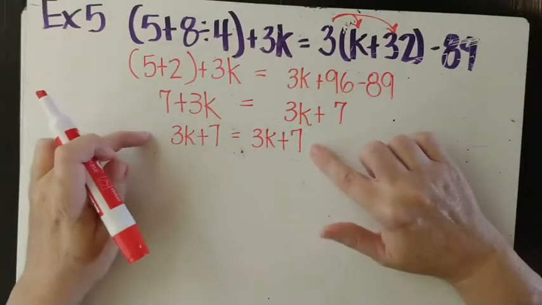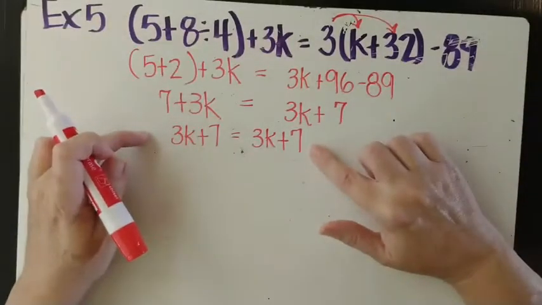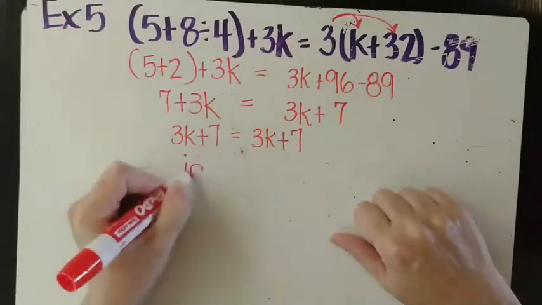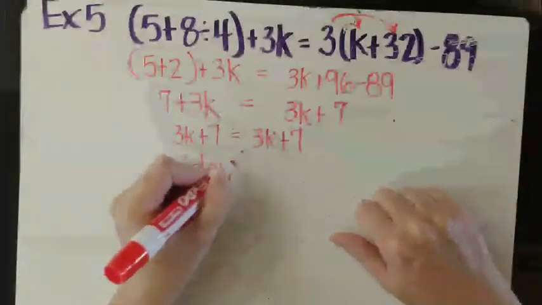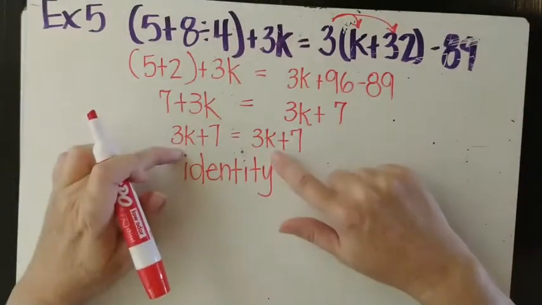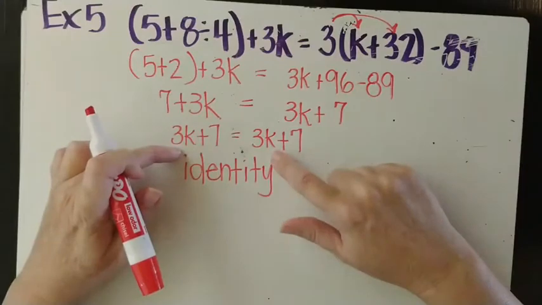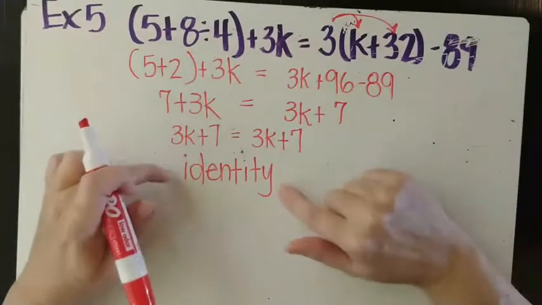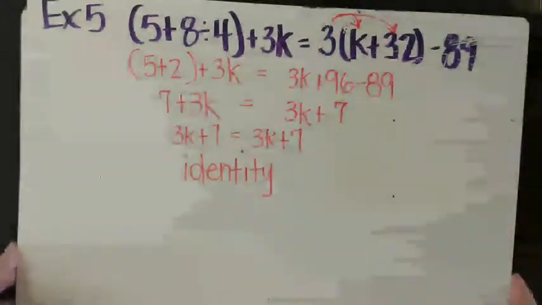Since they are exactly equal, this is what our definition of identity is. That means whatever number we put into this equation, it will always work. Again, it could be 0, it could be 500, it could be -3. Any number will work for this problem.